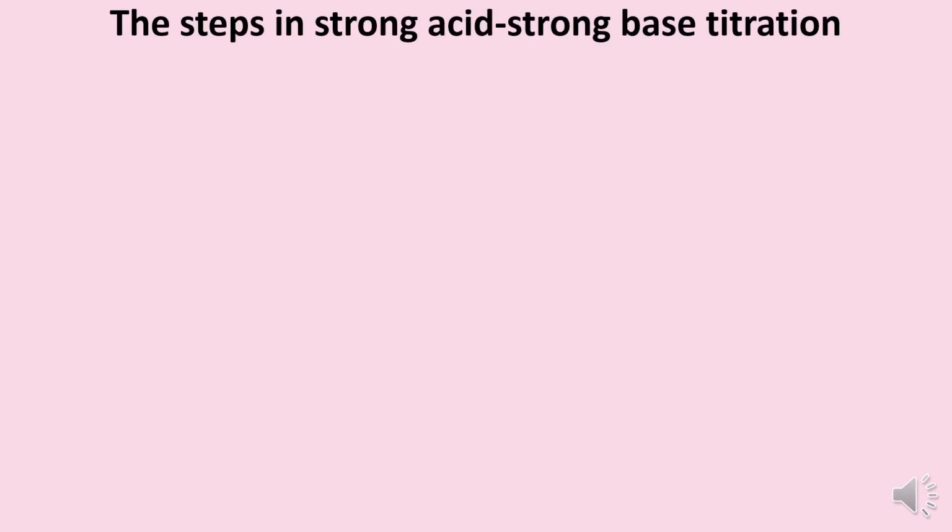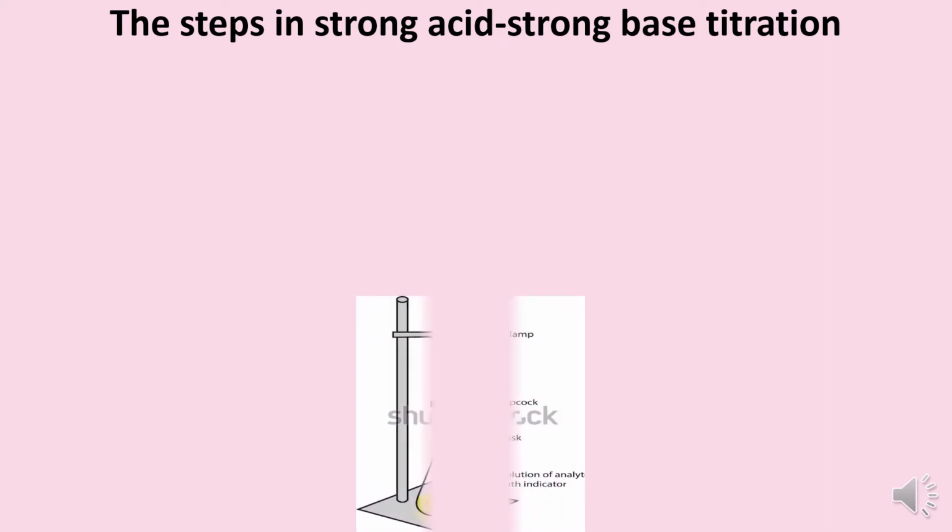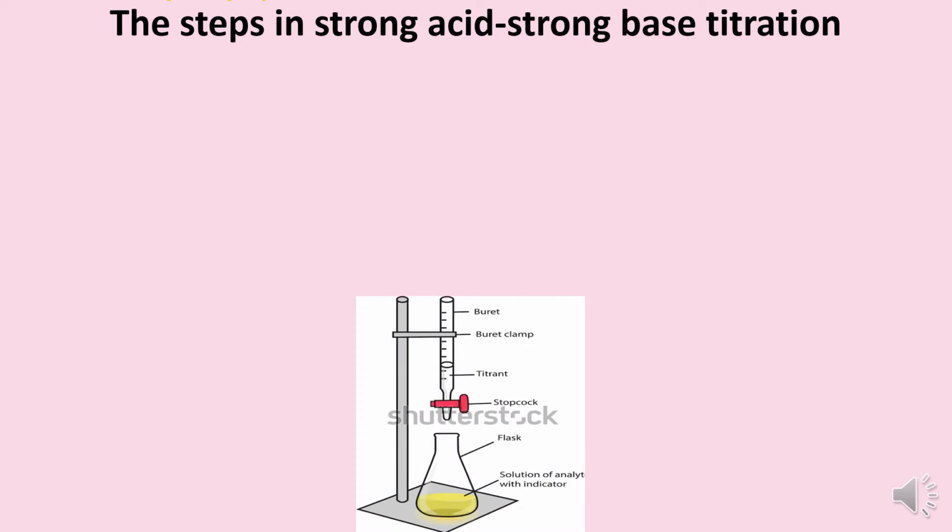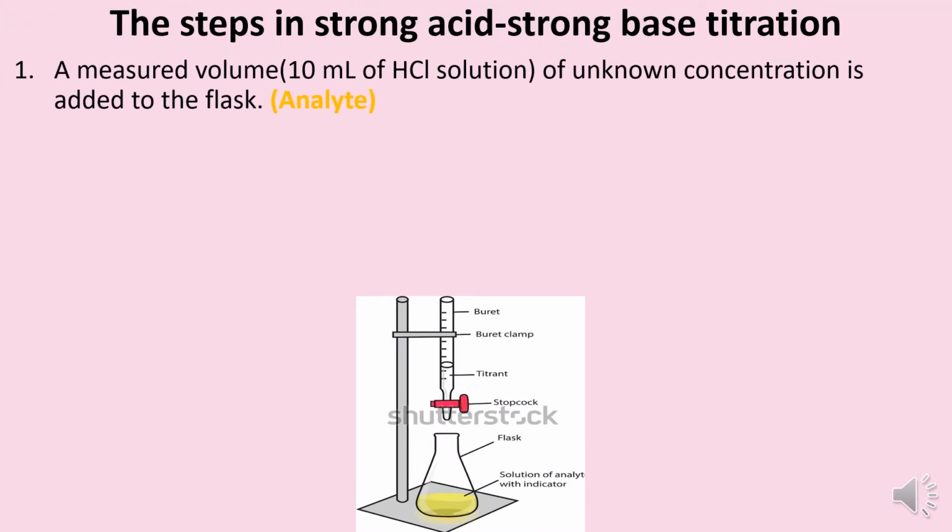Now, what are the steps in strong acid, strong base titration? The first step is a measured volume of 10 milliliter of hydrochloric acid solution of unknown concentration, taken by a 10 milliliter pipette, is added to the flask.